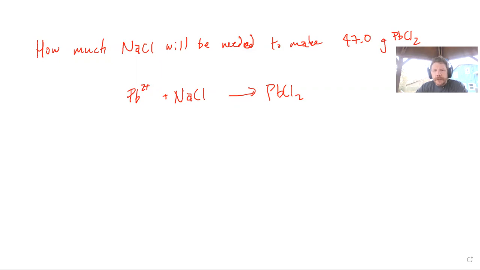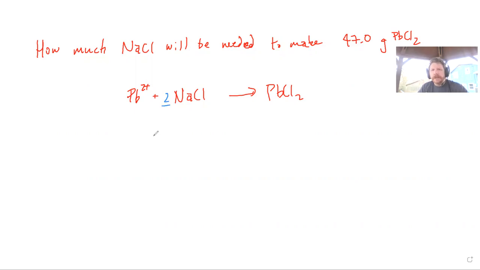Because all that we need to do is balance the equation as we have it right here. Can we do that? Well, we can see right now that the Cl is not balanced. How would we balance that? That would be balanced simply by putting a 2 coefficient in front of the NaCl.